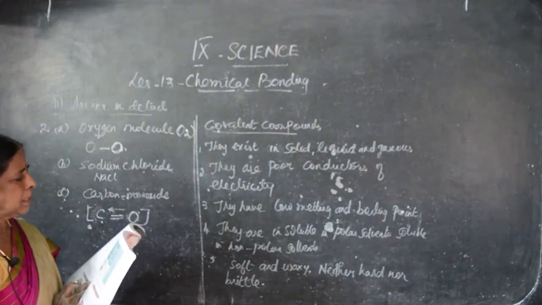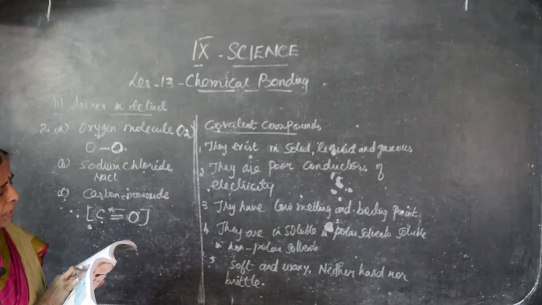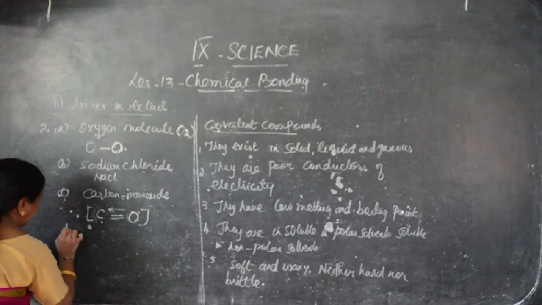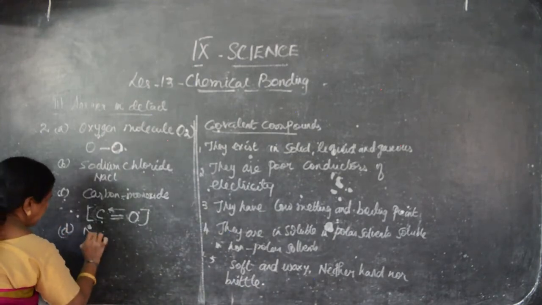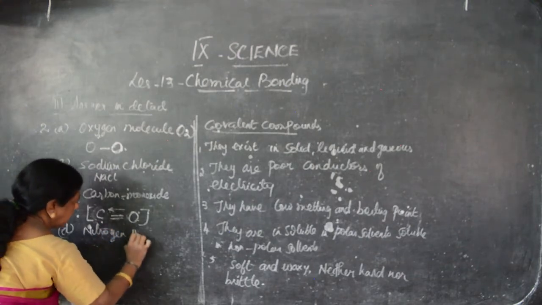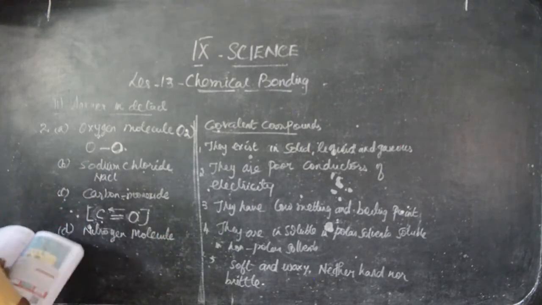Fourth one is a compound in which three covalent bonds are formed, that is nitrogen molecule. Fourth one, D one is nitrogen molecule.